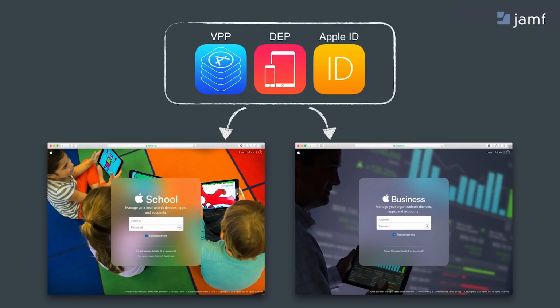So you may have heard of something called Apple School Manager in the past. There's an Apple Business Manager that is currently in beta right now from Apple. And the idea would be that you can sign up for these deployment programs right now, and then based on whatever sort of organization you are, either a school or a commercial organization, you can then migrate to the appropriate one.